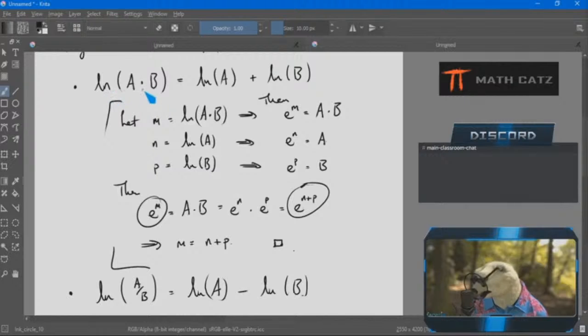If I have inside the log function the product of stuff, I can simplify it and expand it and break it up into something plus something else. If I have inside the log function a quotient, then it's the difference of logs. If I have inside the bracket a plus, there is nothing I can do. It's only a product and a quotient that works.